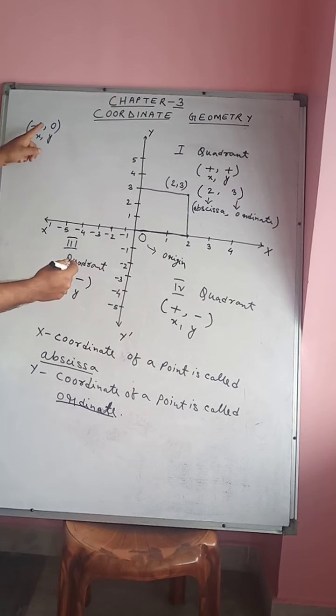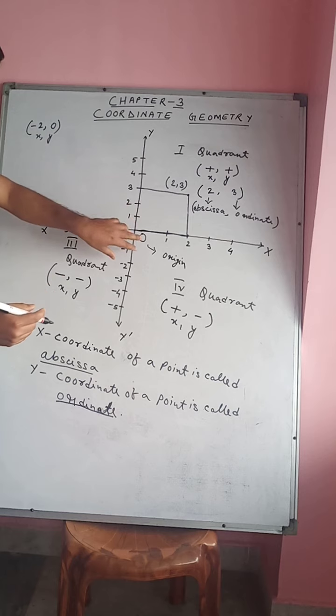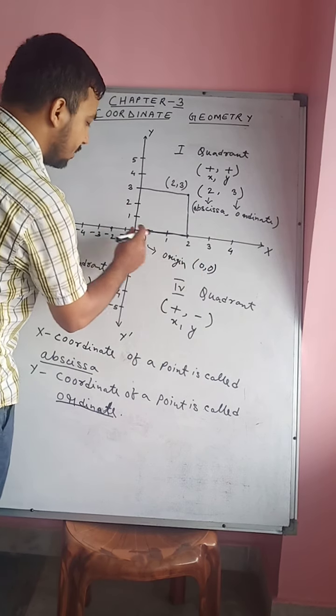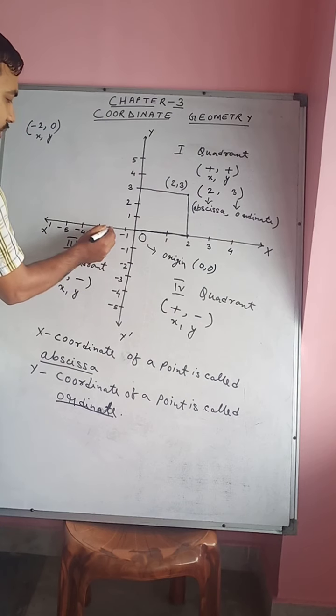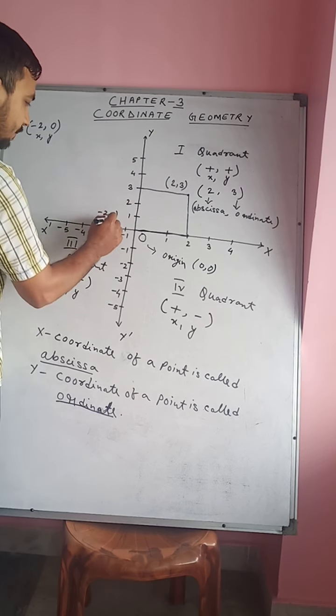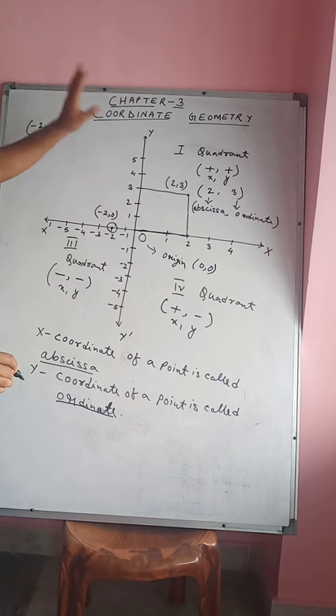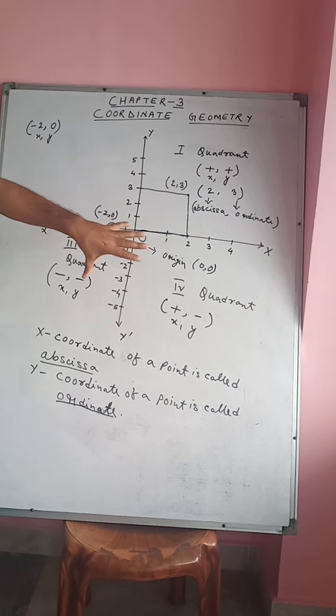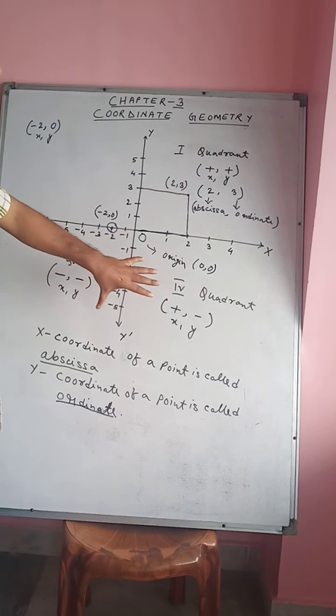Since the value of y is 0, your origin is always (0, 0). This is the starting point. So the point (-2, 0) will be this only. We cannot move towards y. It will lie here only. So this is how in coordinate geometry we need to locate the points.